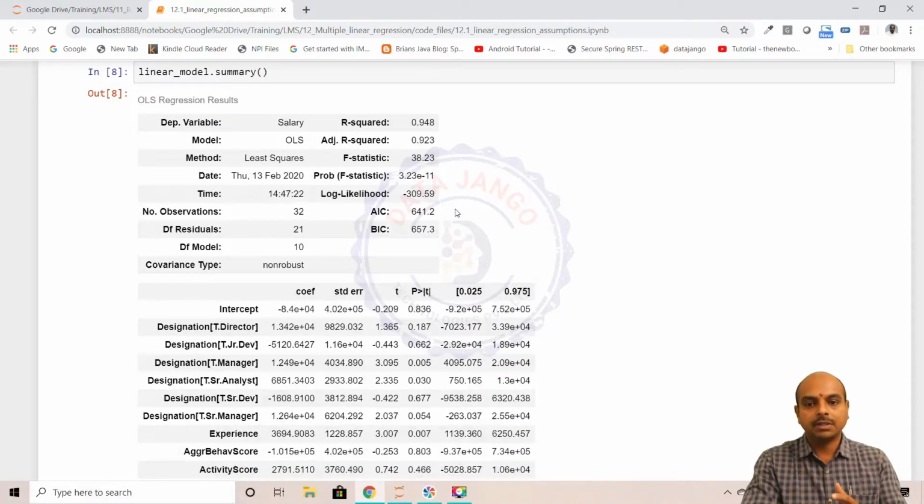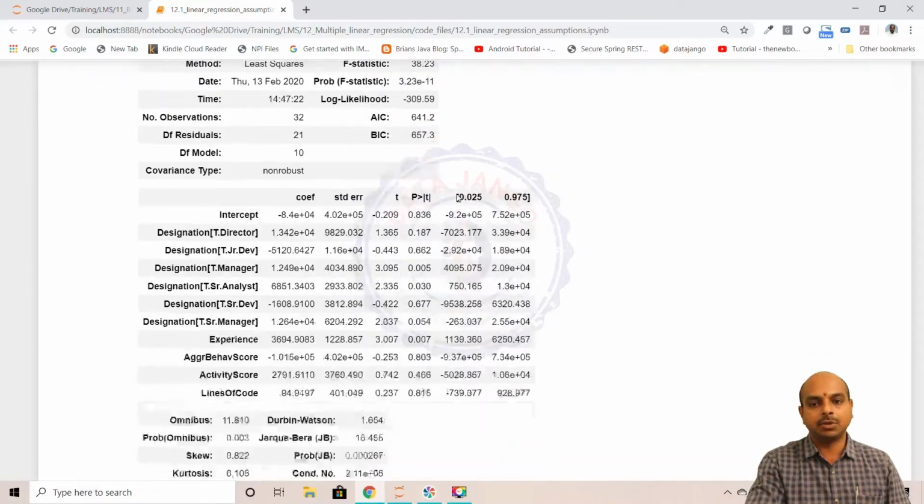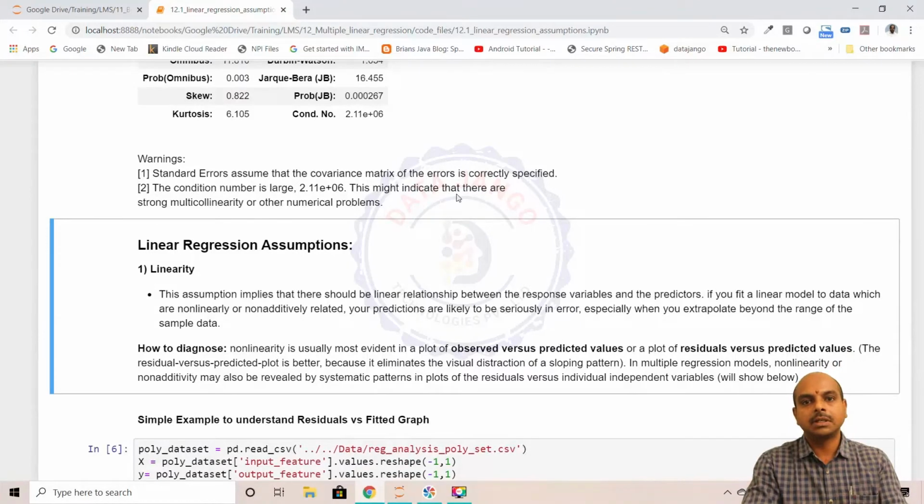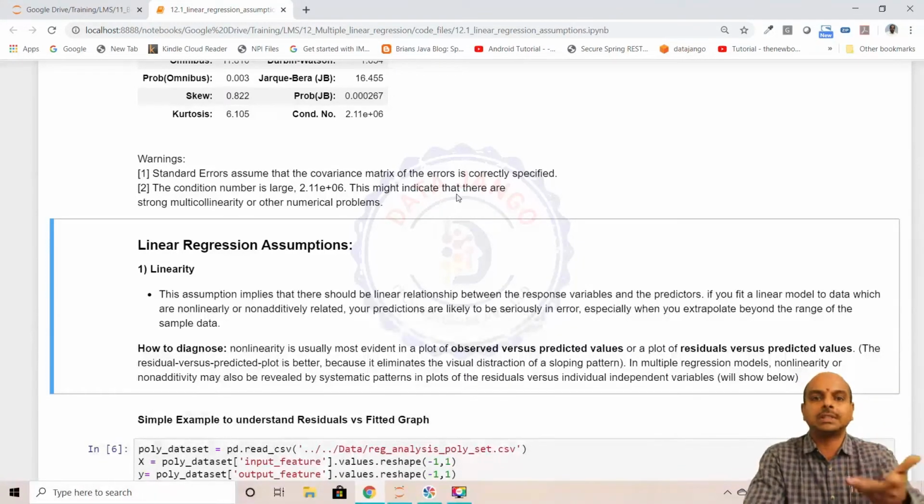But if not, we shouldn't be taking decisions. So let us try to understand what the linear regression assumptions are, and whether the data is satisfying the assumptions or not. If it is satisfying them, the outcome is reliable, and we can use the p-values to do feature selection.